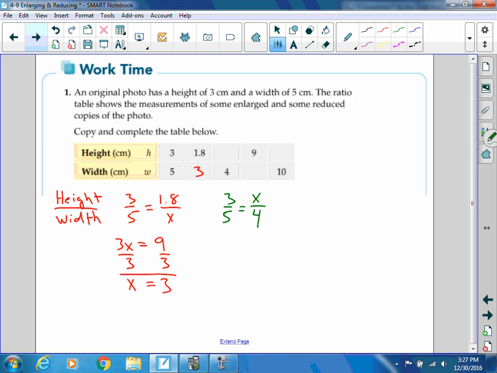So same thing as we did before here. 5 times x is 5x. 3 times 4 is 12. Divide by 5. And we get x equals 2.4.